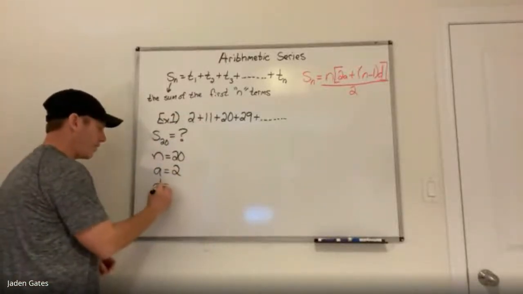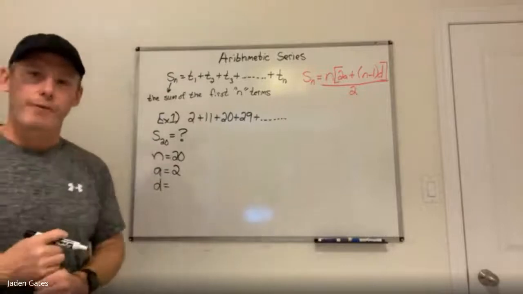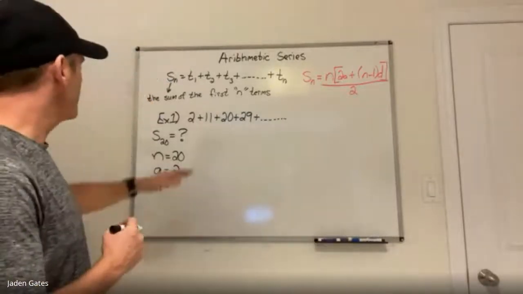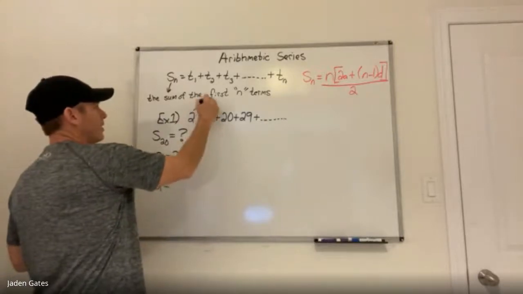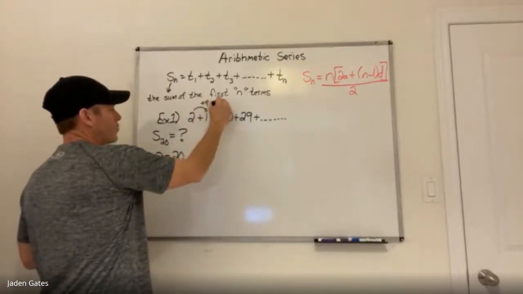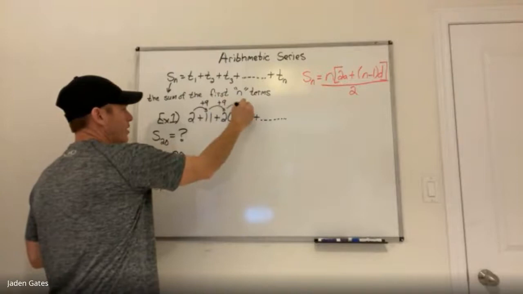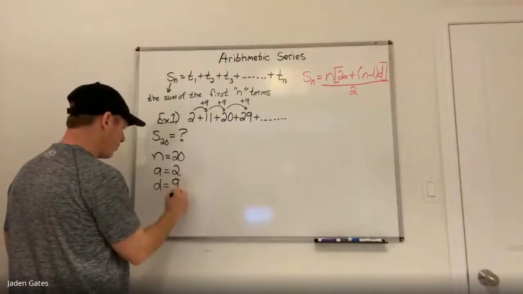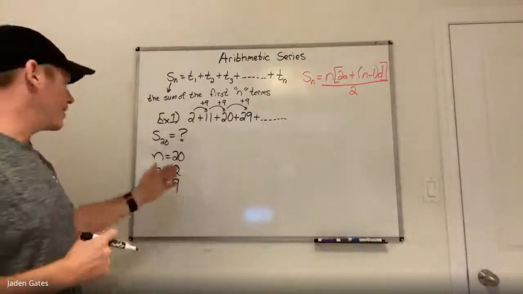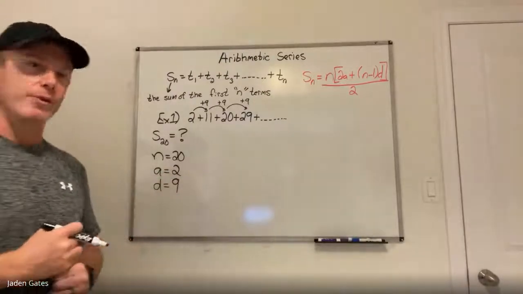Now, the only other thing I need is the common difference. So I look again. What's happening here? Well, I go from 2 to 11, I'm adding 9; 11 to 20, I'm adding 9; 20 to 29, I'm adding 9. And so the common difference for each term is 9. They're separated by a difference of 9.